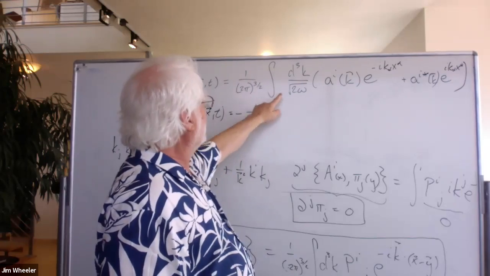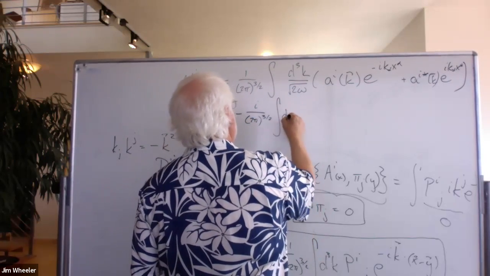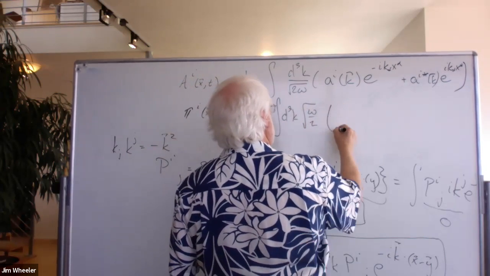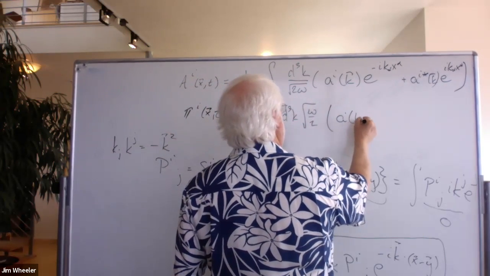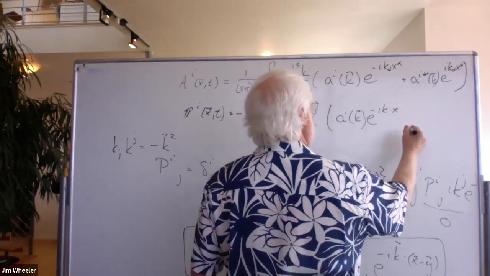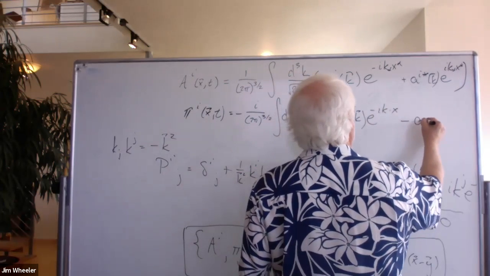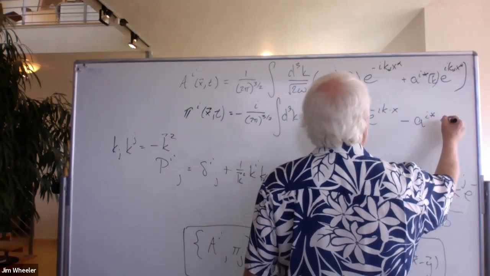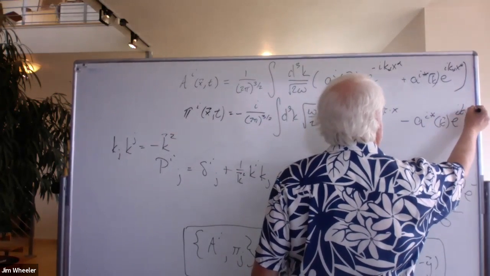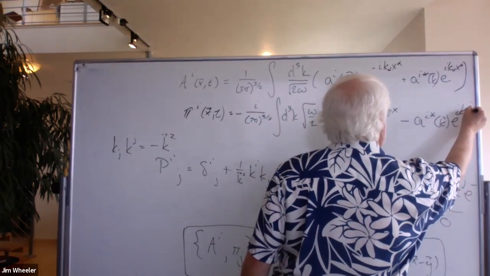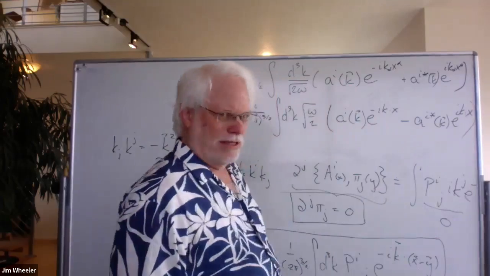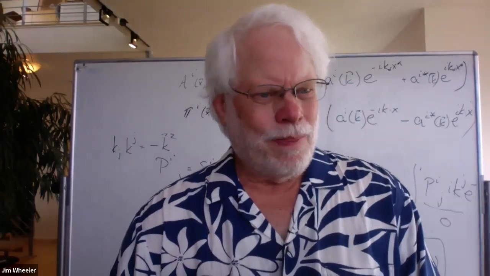There's the minus I. The omega is going to give me d3k root omega over 2. And then ai of k, e to the minus I k dot x. And a relative minus sign here, ai conjugate of k e to the I k dot x. All right, back k dot x with omega t positive.